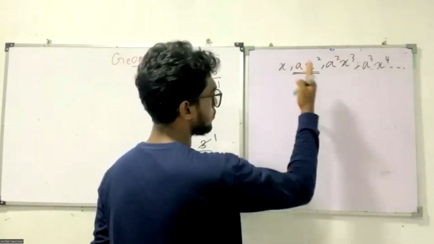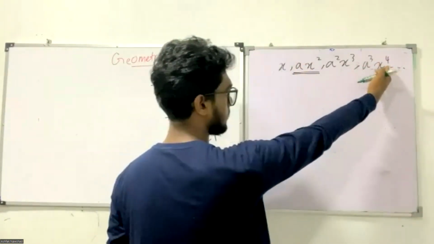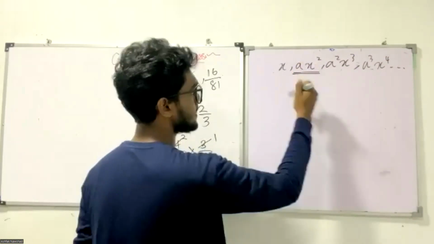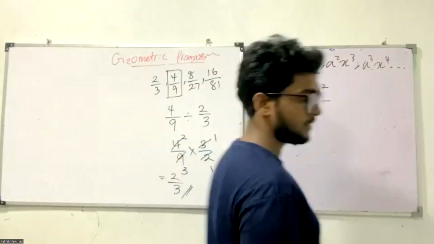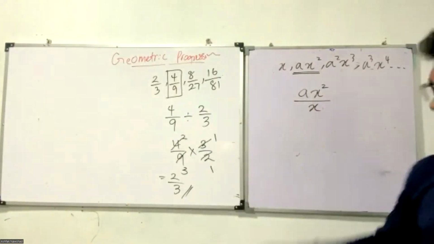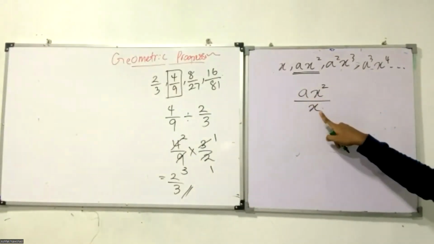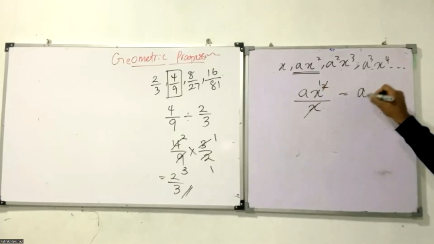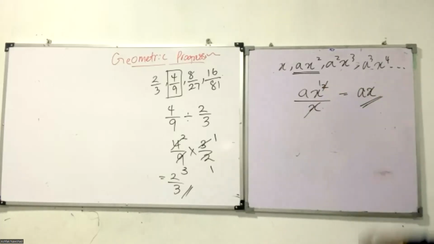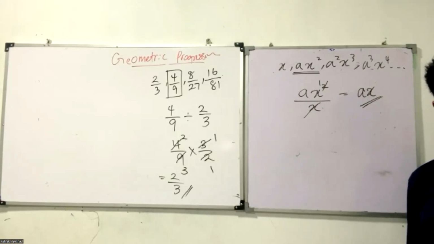Choose the second term, don't go for the fourth or third term. Choose the second term and divide it by the first term. Here the power of x is 2 and here it's 1, so we can cancel 1 x. So the answer is ax. The common ratio is ax.